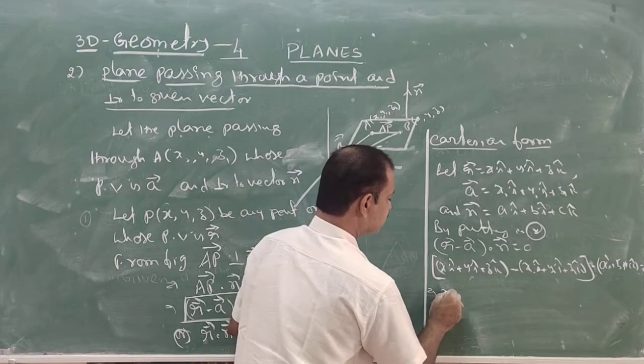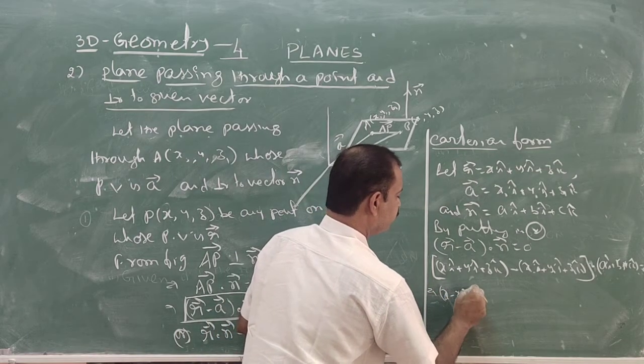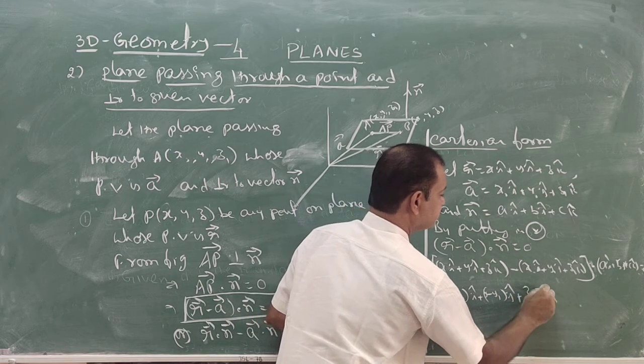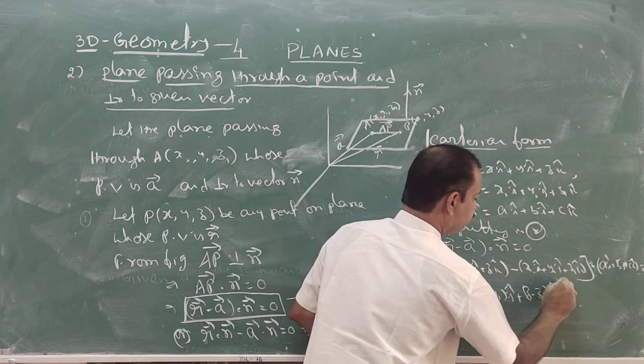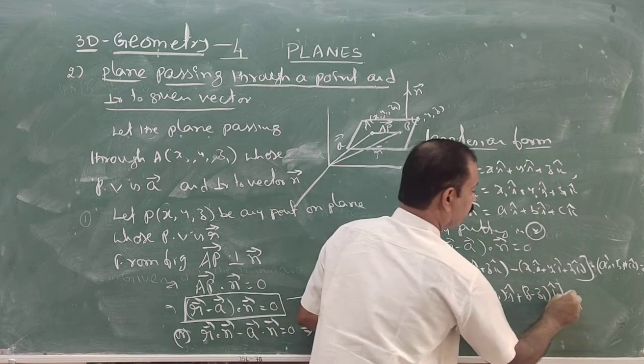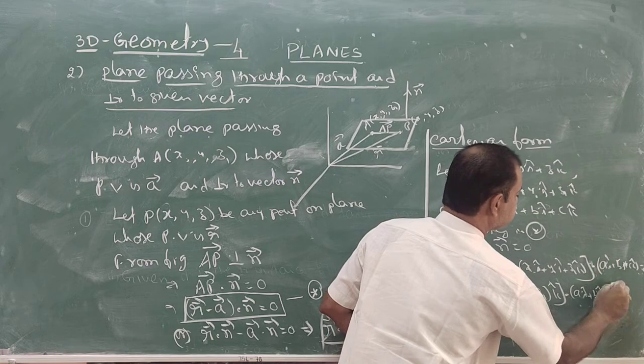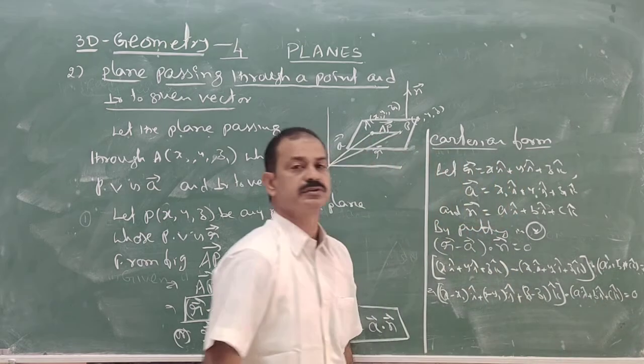Now simplify this. (x minus x1) i plus (y minus y1) j plus (z minus z1) k, dot ai plus bj plus ck, is equal to 0.